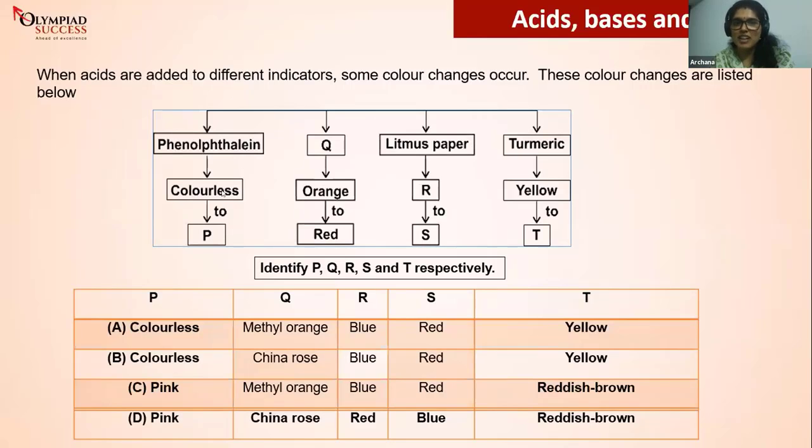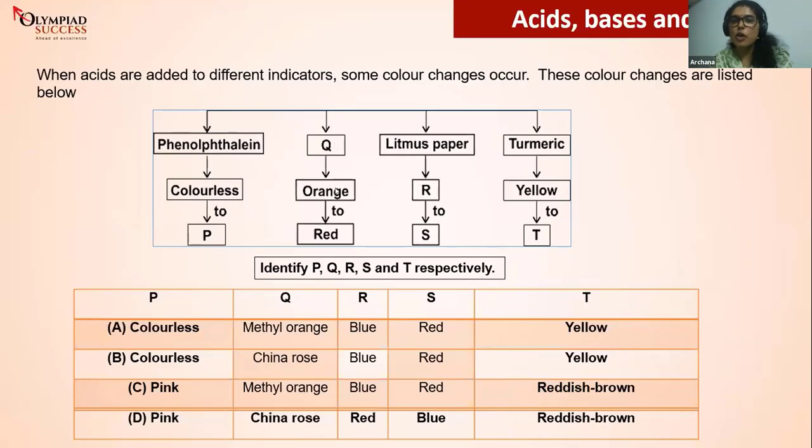Phenolphthalein on treating with acid, what will happen? It will become colorless, right? How come no one is answering? Read the question properly. When acids are added to different indicators, what are the changes in color? It will remain colorless, isn't it?